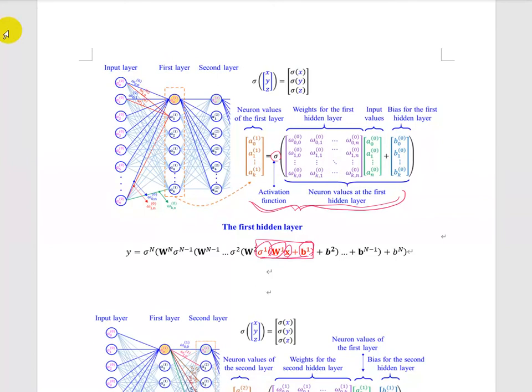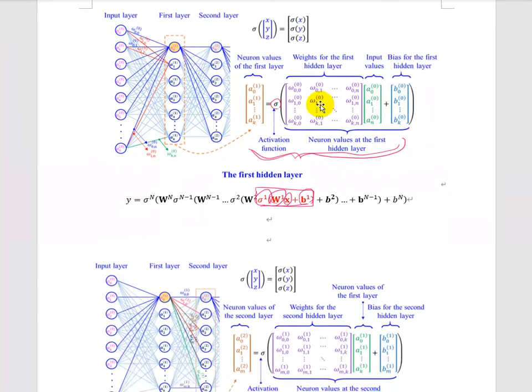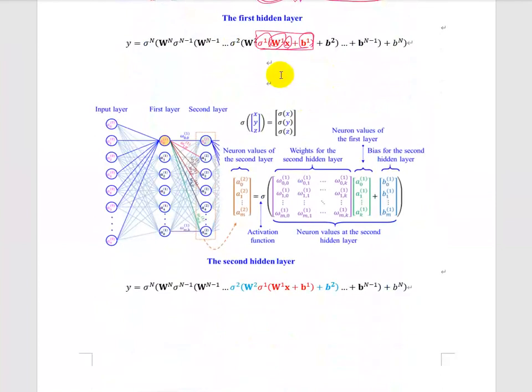If you go to the second hidden layer, you're going to have similar expressions, but this is a matrix that connects the first hidden layer to the second hidden layer. That's the difference.